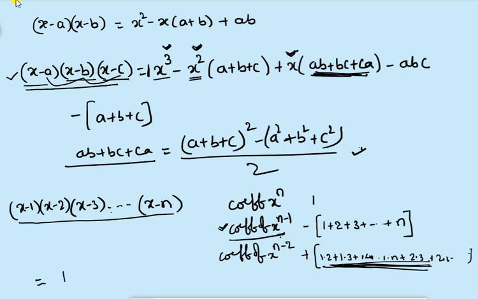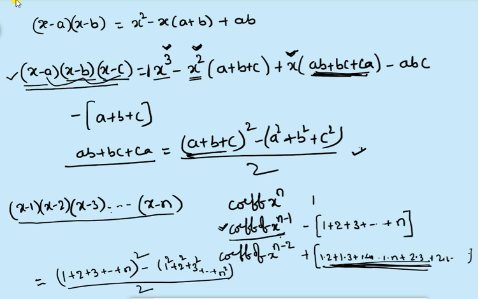How to find that? (1 plus 2 plus 3 plus and so on plus n) whole square, minus (1 square plus 2 square plus 3 square plus and so on plus n square), whole divided by 2. You will get sum of the product of the terms taken two at a time. So more we are going to discuss on this idea in our double sigma problems.